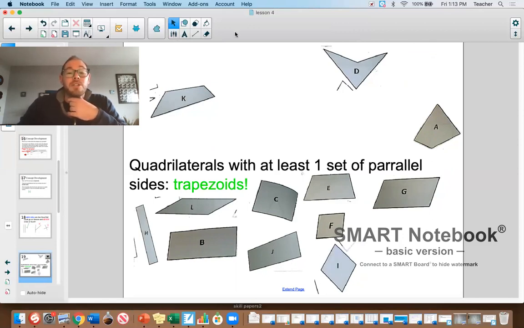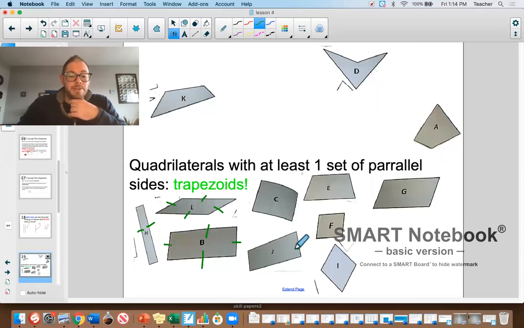And what I'm going to do is very quickly draw a little mark to show us which sides are parallel on these shapes. There we go. That one and that one. That one and that one. And that one and that one.